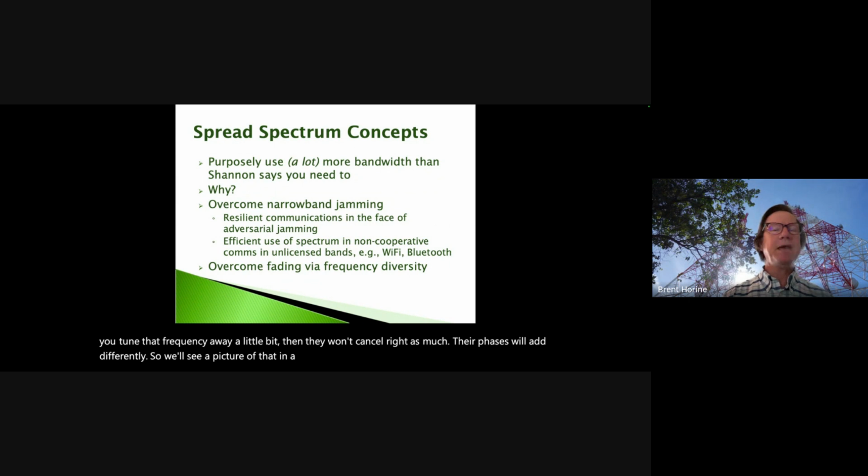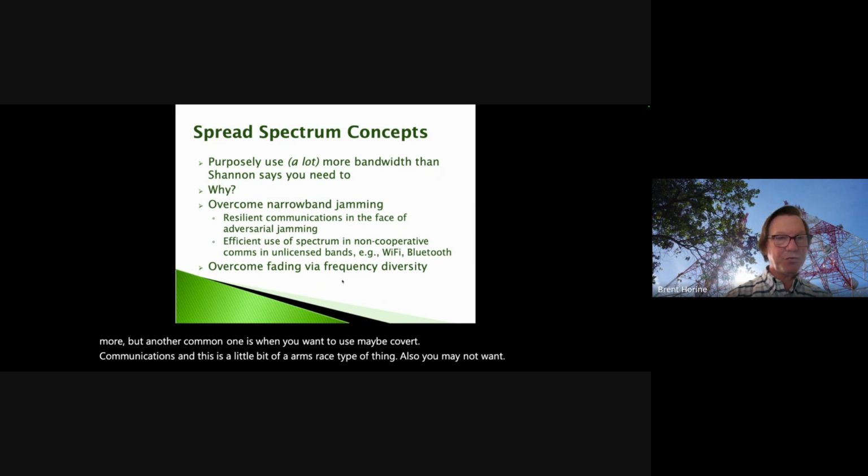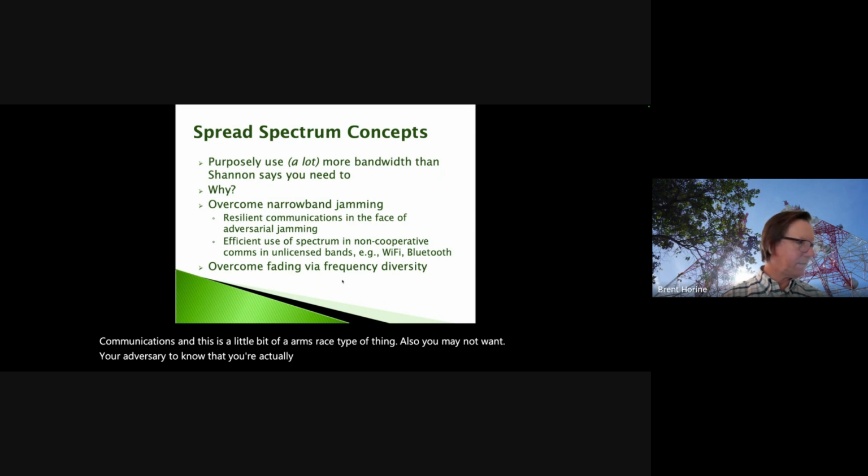So maybe one other use case, maybe there's more, but another common one is when you want to use covert communications, and this is a little bit of an arms race type of thing. Also, you may not want your adversary to know that you're actually there and transmitting.